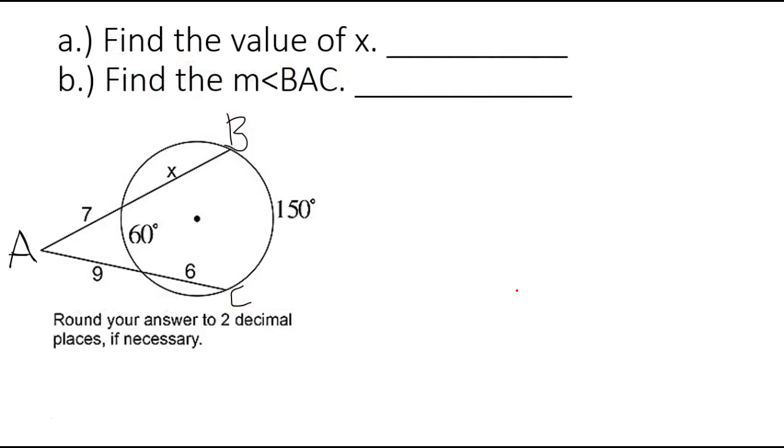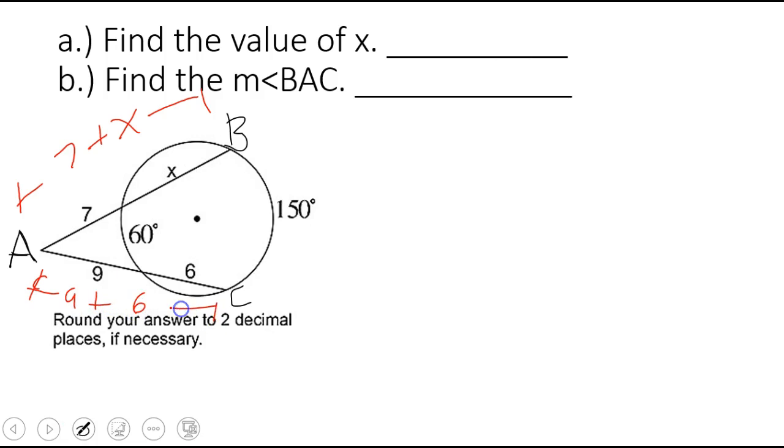Okay, a few problems here. So we have this. What is this? AB and AC. Are they chords, secants or tangents? They are secants. So first of all, we need to find the length of the whole secant. That's this plus x, and the other is 9 plus 6, the whole length.